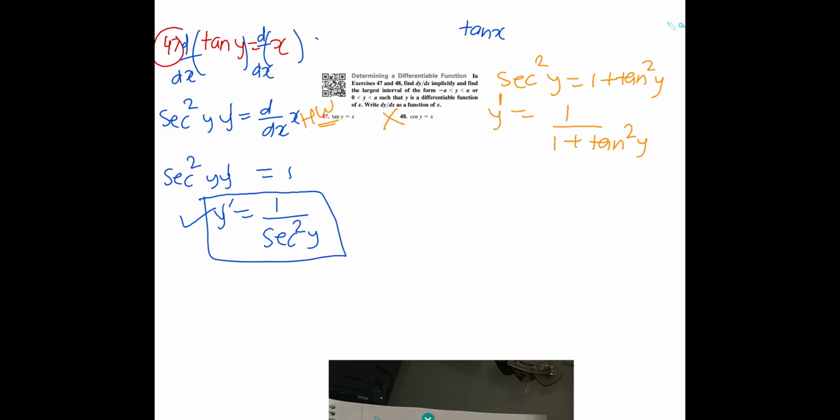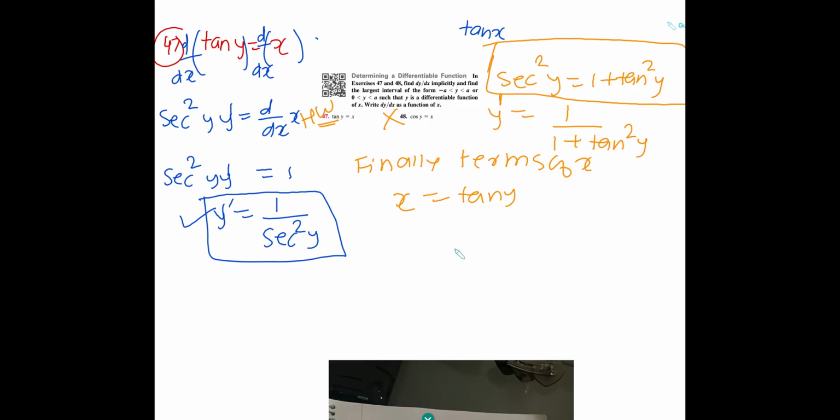Understood? Now finally we write the results in terms of x. So we can write x equals tan y, right? So y prime is equal to 1 over 1 plus x squared.